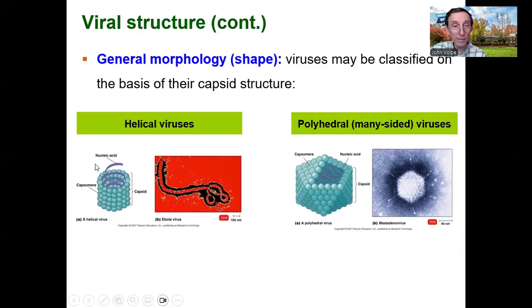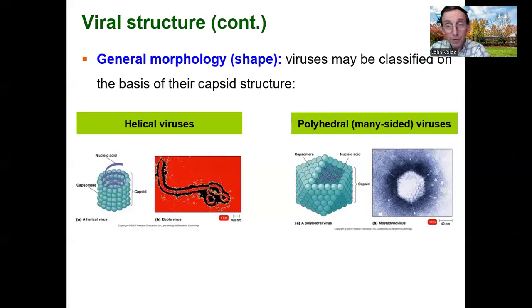And I think everyone can see the helix there. If anyone sees the helix there, you can point it out to me. I don't see it, but I don't know. And then the virus can be a polyhedral, many-sided virus. This is actually an electron microscopic image of a polyhedral virus. There's the artist's rendition, and that side's removed so you can see inside the virus.